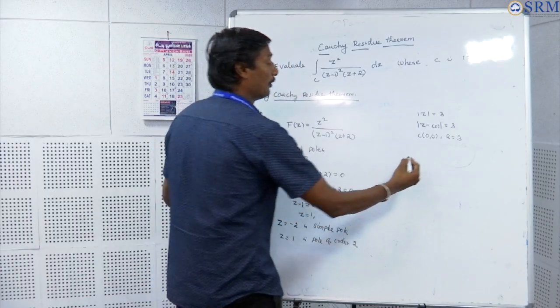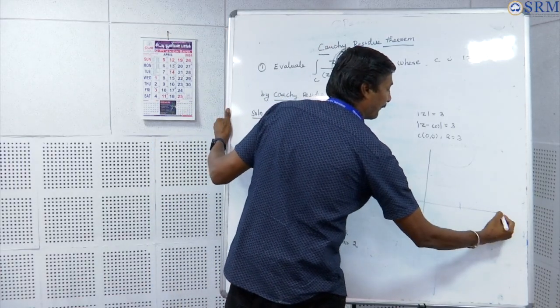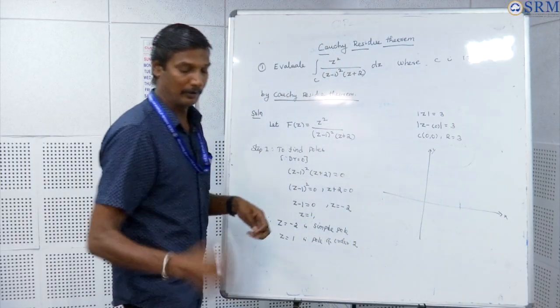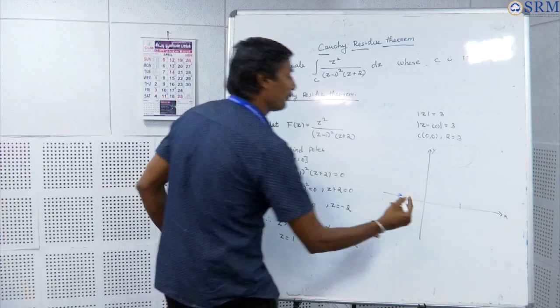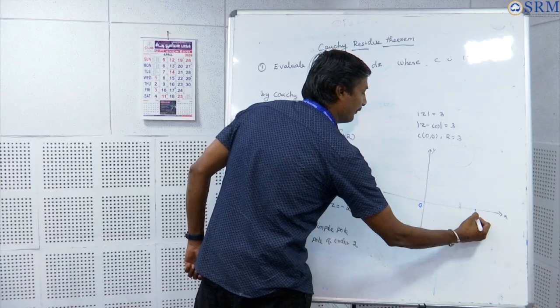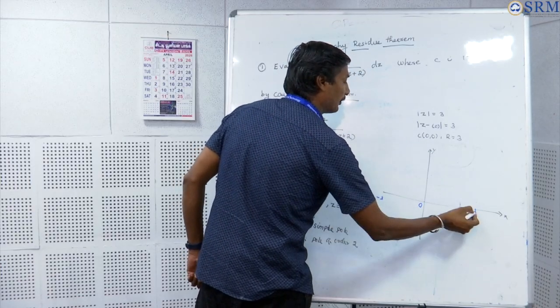Now you draw the diagram, x-axis and y-axis. The origin is 0, radius 3, and on this side minus 3. You draw the circle.